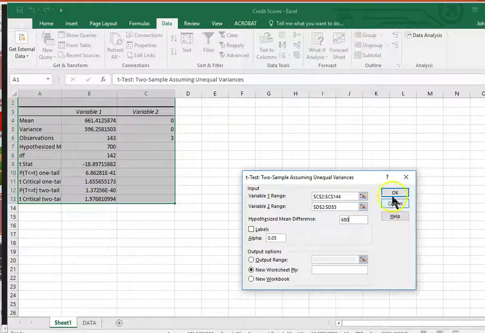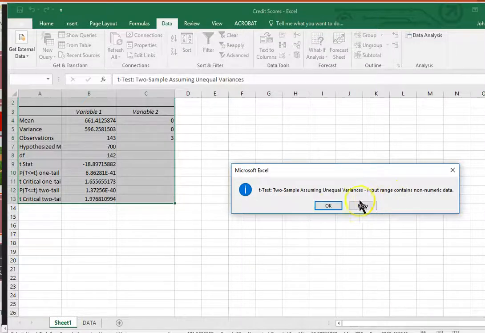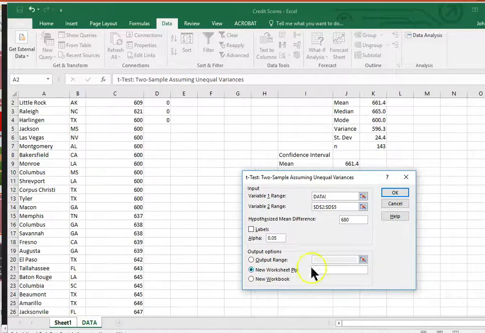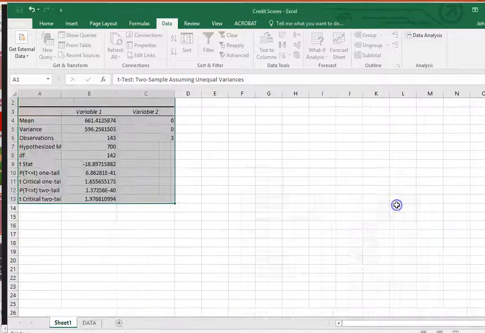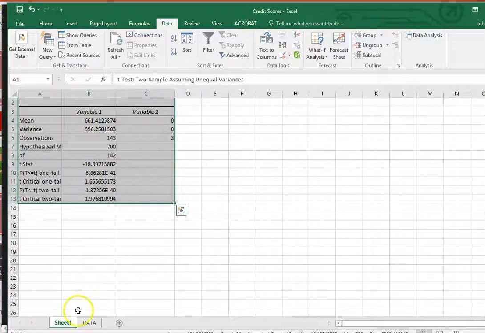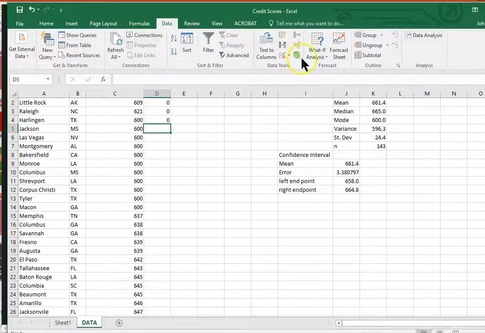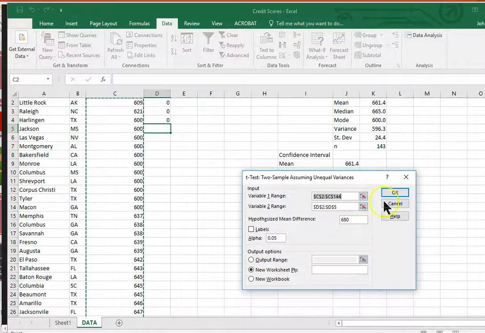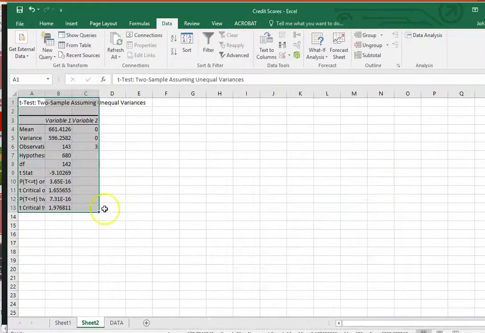Let's see what happens when we do 680. I'm going to come back to this page here. There's my 680. I still get a minus 9. Wow.